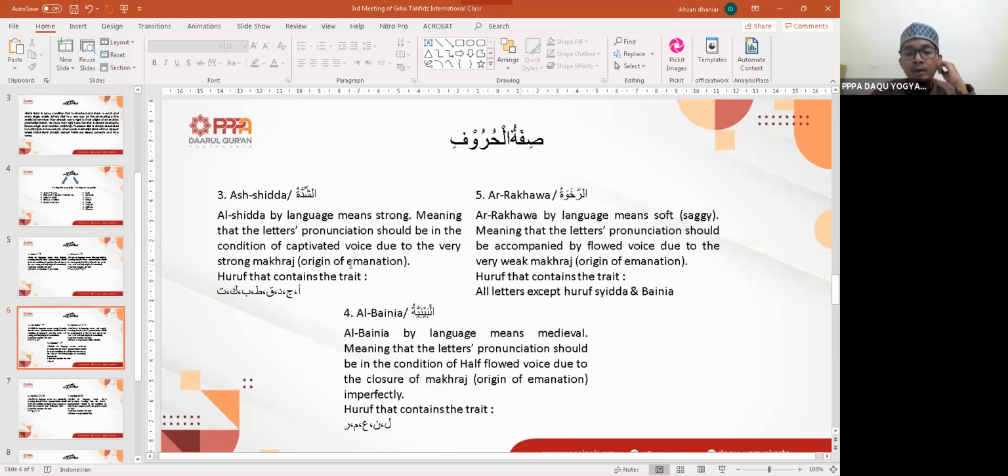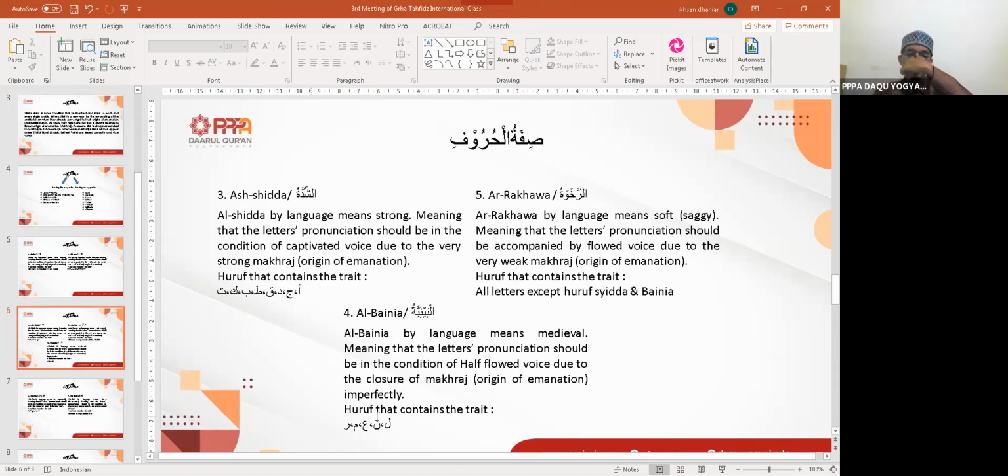When you pronounce it, your voice is captivated, your voice is blocked by the makhraj, because it has a very strong makhraj.